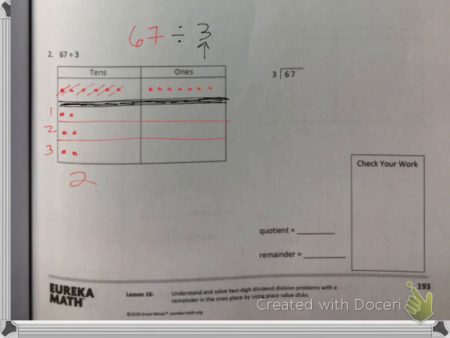So let's try the ones. 1, 2, and 3. 1, 2, and 3. And it looks like we get a remainder. So it's going to be 22 with a remainder of 1. Okay? 22 with a remainder of 1.